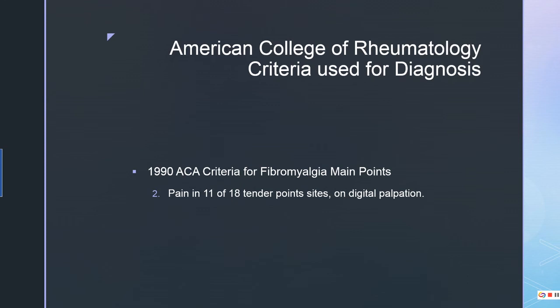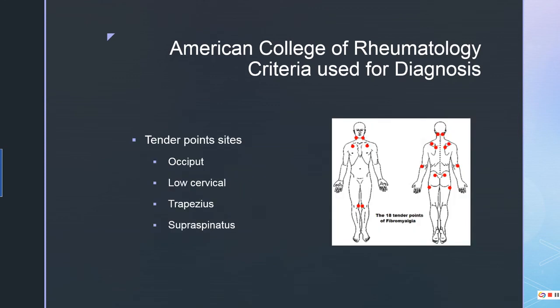Supraspinatus, bilateral at origins above the scapula spine near the medial border. Second rib, bilateral at the second costochondral junctions, just lateral to the junctions on upper surfaces. Lateral epicondyle, bilateral 2 centimeters distal to the epicondyles. Gluteal, bilateral in upper outer quadrants of buttocks in anterior fold of muscle. Greater trochanter, bilateral, posterior to the trochanteric prominence. And knee, bilateral at the medial fat pad proximal to the joint line.